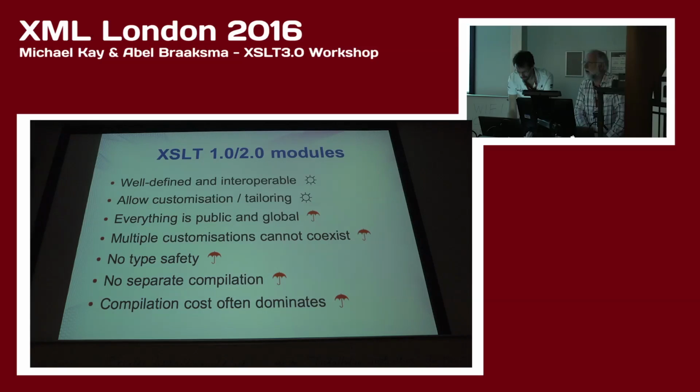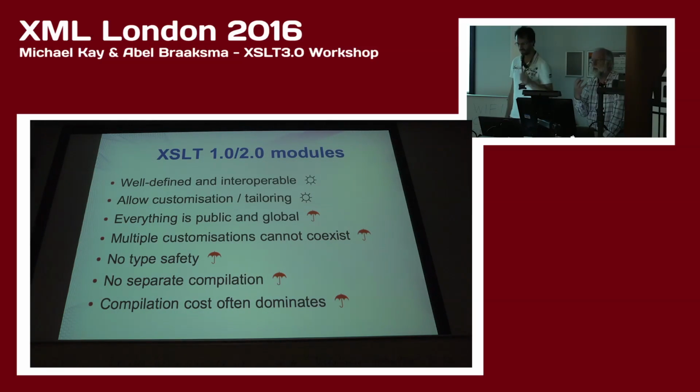So you find you want, writing one subclass of something isn't enough. You want to write multiple subclasses of it. No type safety, so you can't tell whether the customization is actually safe. And a consequence of not having the type safety is it just isn't designed for separate compilation. There's a technical reason why you can't compile XSLT modules independently of each other, which is that you don't know what's going to change in the customization.